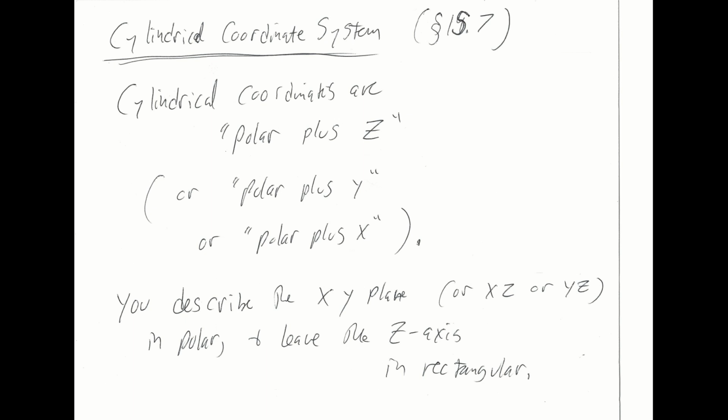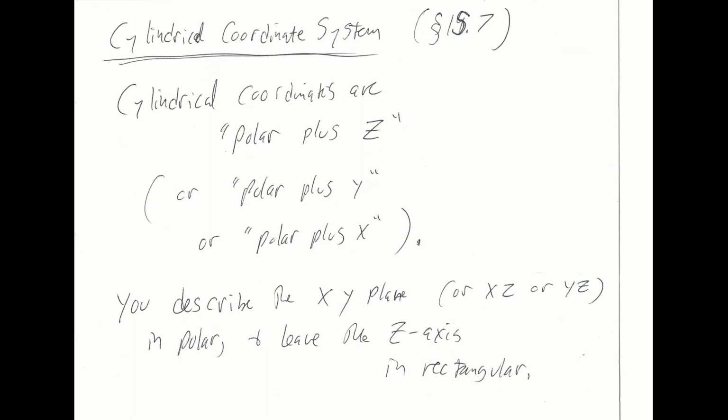So this is chapter 15.7 in Stewart, if you would like further reference. Cylindrical coordinates can be characterized as polar plus z is the big idea, but we can also formulate them as polar plus y or polar plus x. So the idea is that you take one of your coordinate planes, traditionally the xy plane, and you represent that plane in polar, and you leave the z-axis as it is in rectangular.